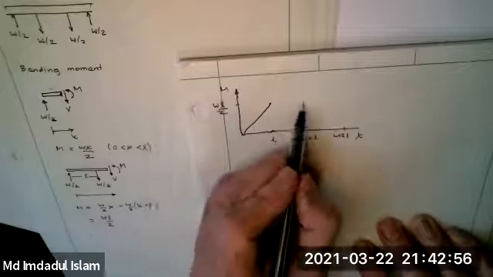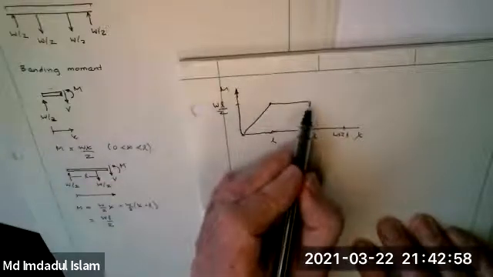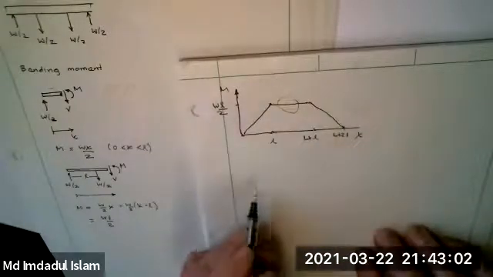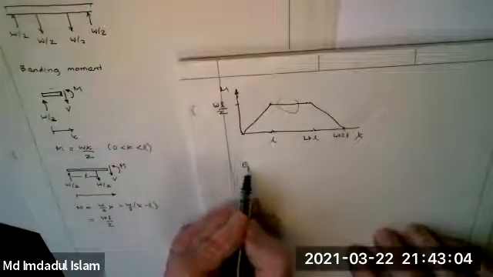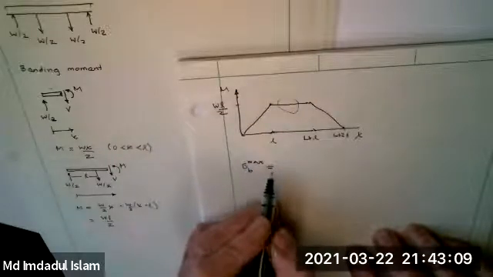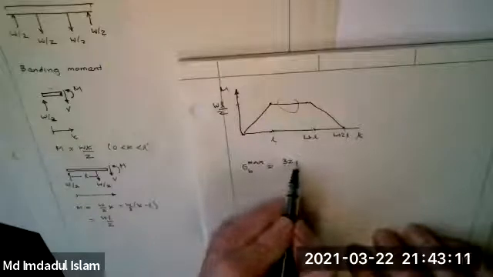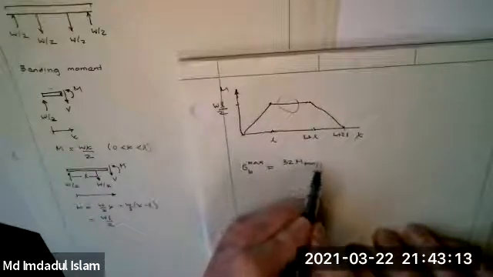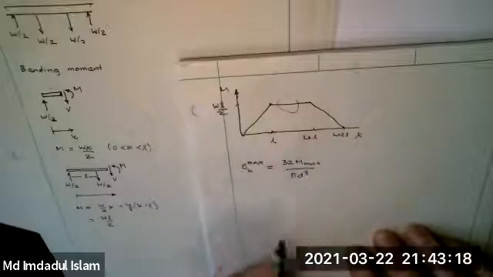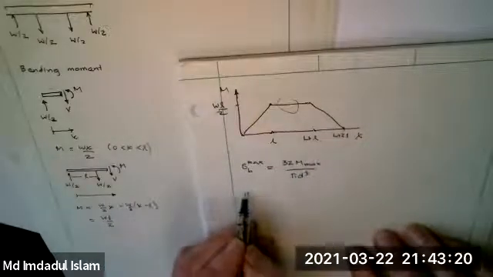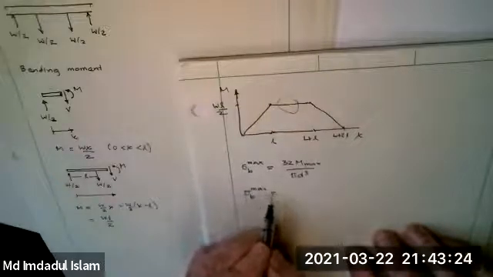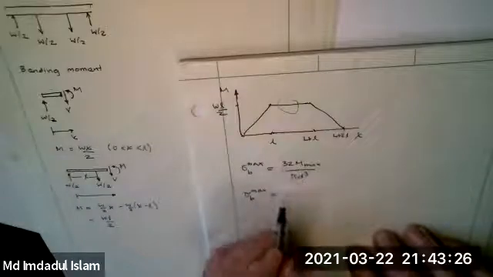And it stays constant at that value, then it's symmetrical, just drops back down. So this creates sigma max. And M max is just WL upon 2.